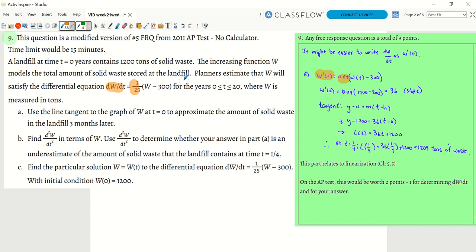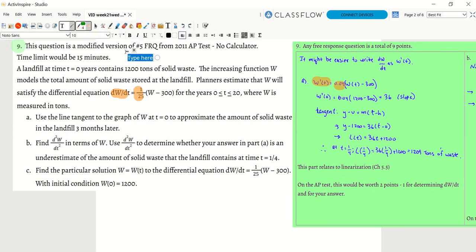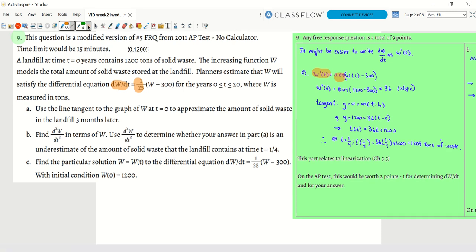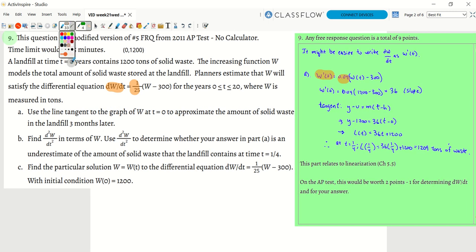Oh, here you go. So basically we have a point over here of (0, 1200) based off of these gray highlights. From this equation, I'm going to plug in, because this is basically a y coordinate, W of t.